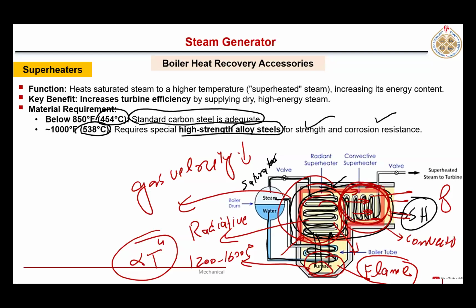So here the main heat transfer is by convection, all right, because the temperature of the steam has already increased, and the temperature of the flue gases, which was highest here, has now also dropped. That's why this is called the convective superheater, and this is called the radiant superheater. So the superheater can be divided into two major portions: one where radiation heat transfer is dominant, and the second where convection heat transfer is dominant. Right.